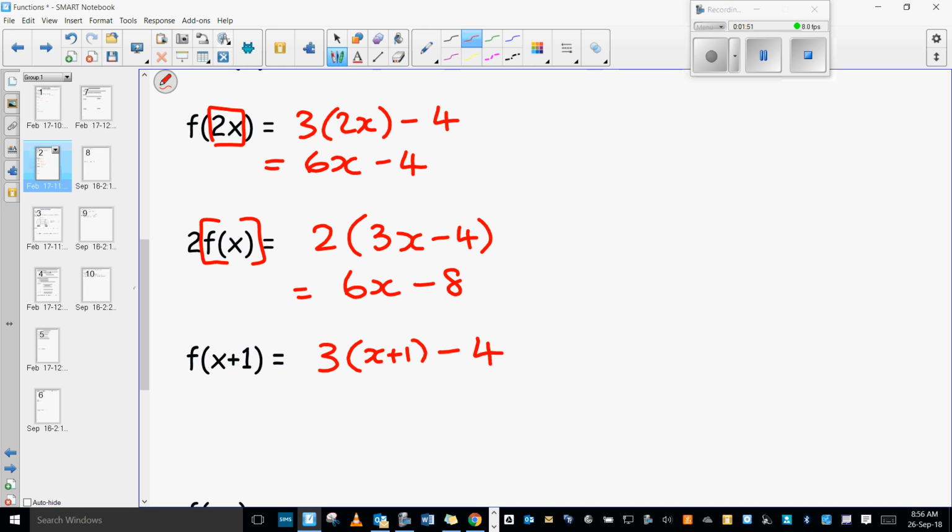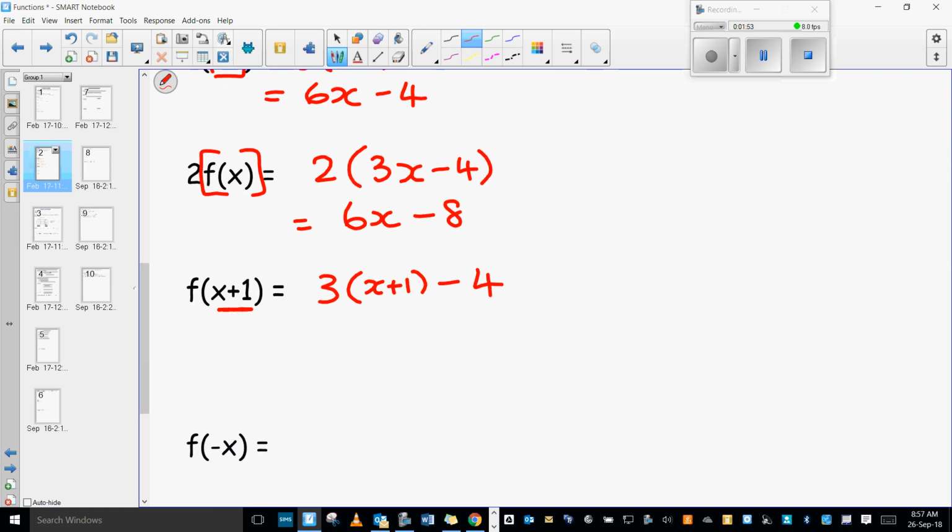Because this whole thing needs to go inside where x was, and that means that everything has to be multiplied by 3. You happy with that? So then we would expand and simplify. So we've got 3x plus 3, subtract 4. You all happy with that? And then we'd obviously join our like terms. So we have 3x minus 4. Lovely.